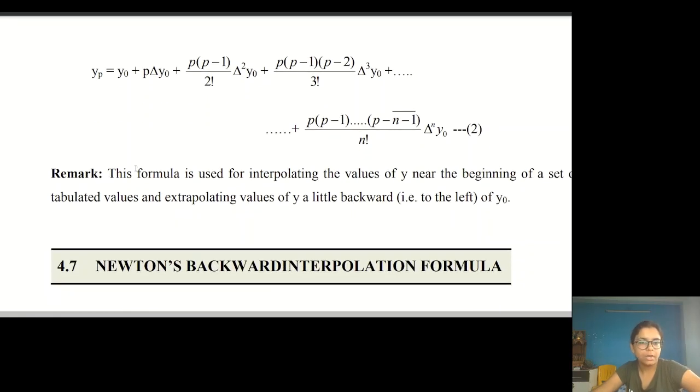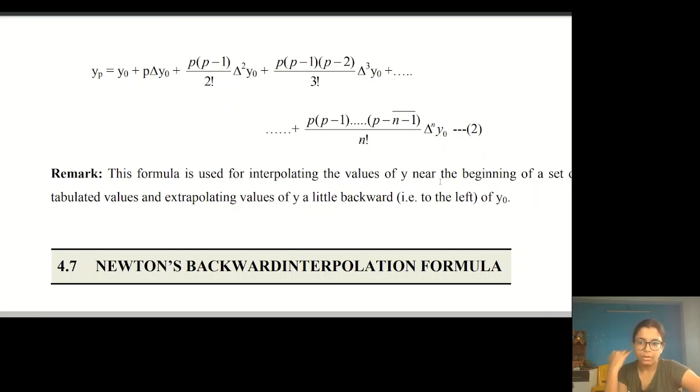Now, there's a remark: this formula is used for the values of y near the beginning of a set. We have a set of tabulated values, and this interpolation method is only used for the beginning, like for x0, y0, or between x0 and x2. This was about forward.